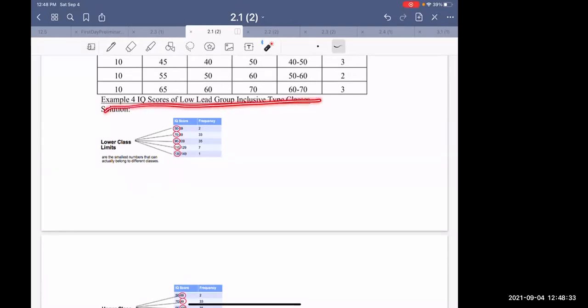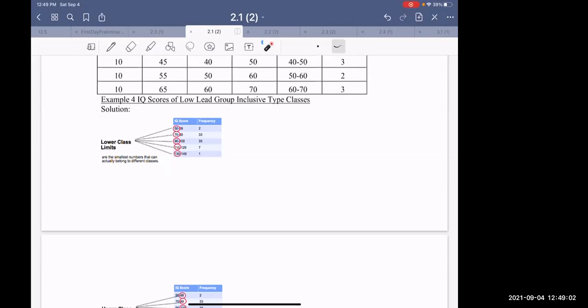IQ scores of low lead. And so we'll be using inclusive type classes. 50 to 69, 70 to 89, 90 to 109, 110 to 129, 130 to 149.